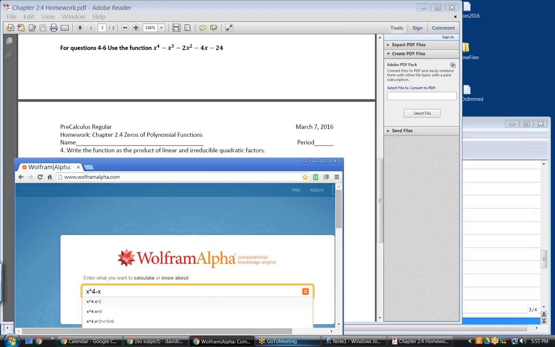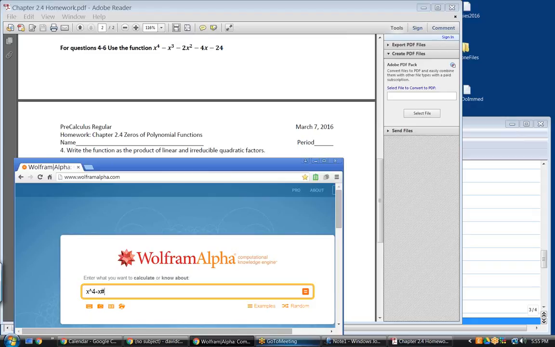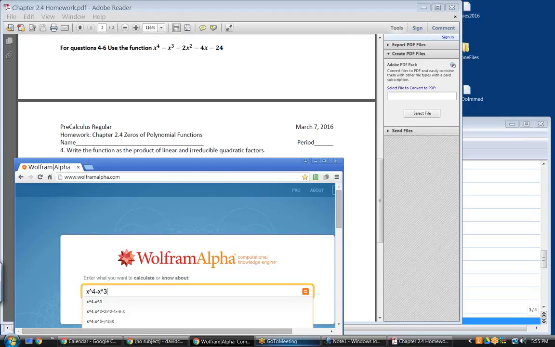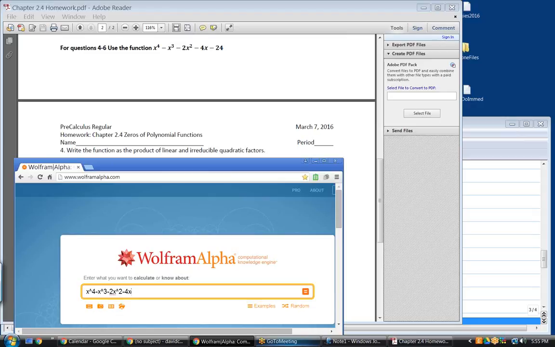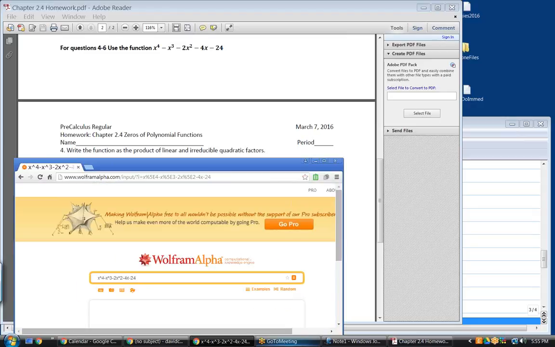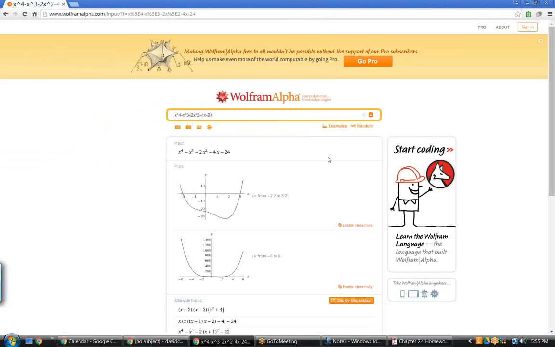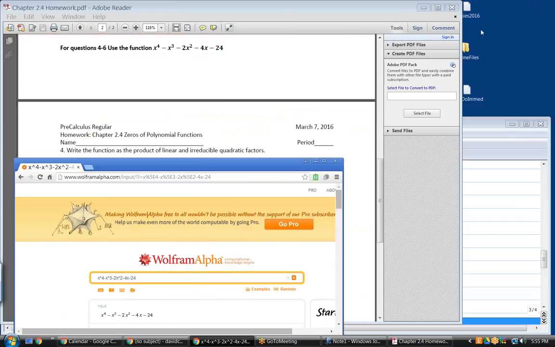Once we find 2 zeros, we'll divide by each of those zeros, and we'll be left with a quadratic, which is probably going to be an irreducible quadratic, since it kind of warned us of that. The beauty of Wolfram Alpha, I don't know if I've showed you Wolfram before, is that it shows you what you typed in.